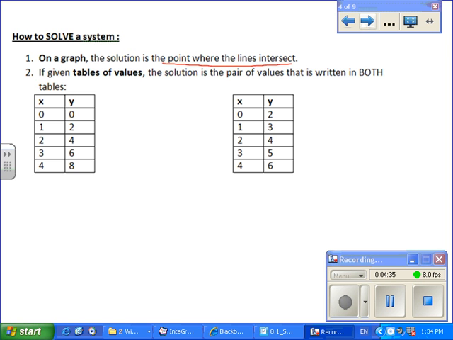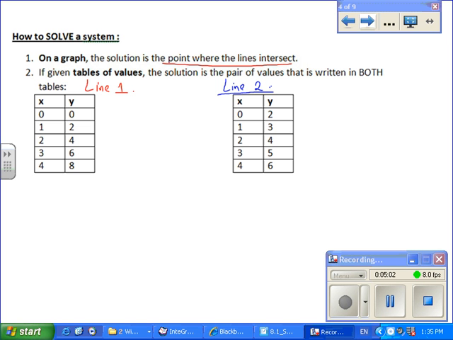But if we were given two tables of values, okay, let's say that this would be for line 1 or equation 1. And over here, we have a table of values that represents line 2. And maybe you came up with the table of values yourself if you were given the equation, or you were just given two tables of values. You're looking for a point that they both share.